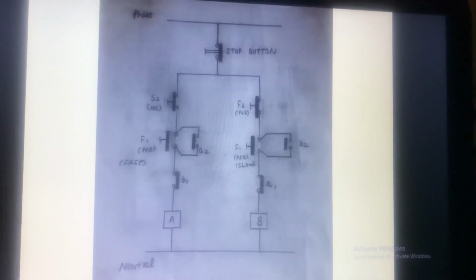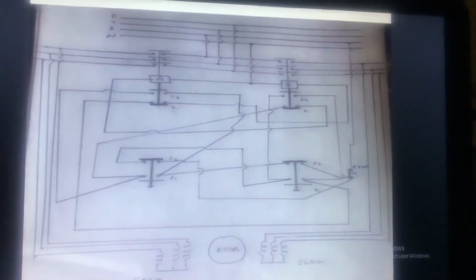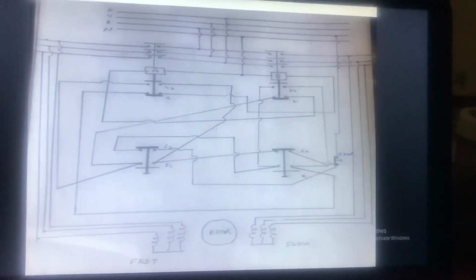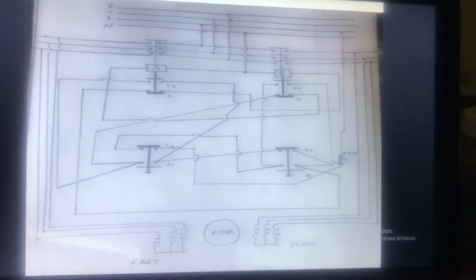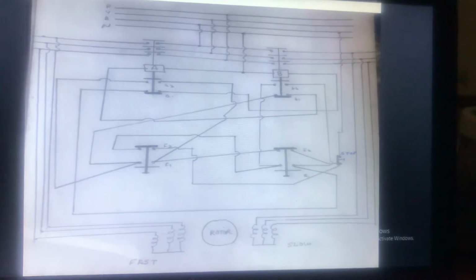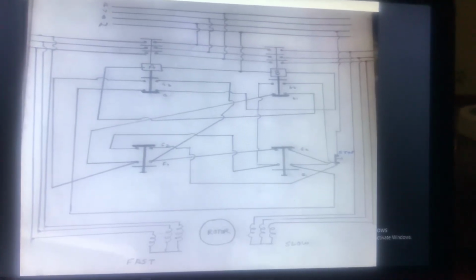So we will see its wiring diagram. So here's the wiring diagram. There are two stator windings. One is for fast speed having a lower number of poles, and one is for slow speed having a higher number of poles.